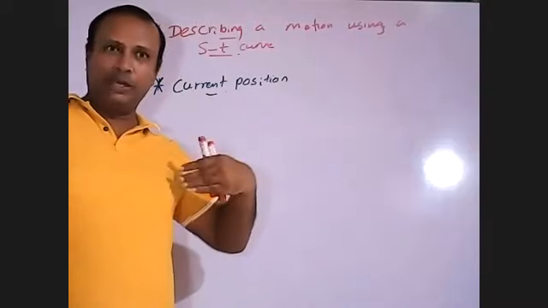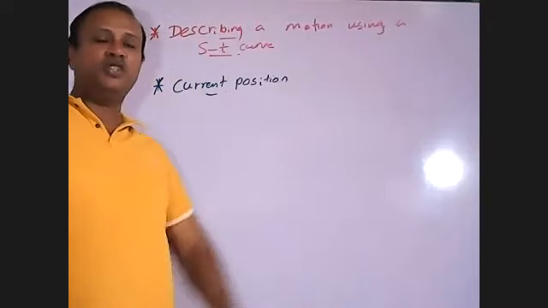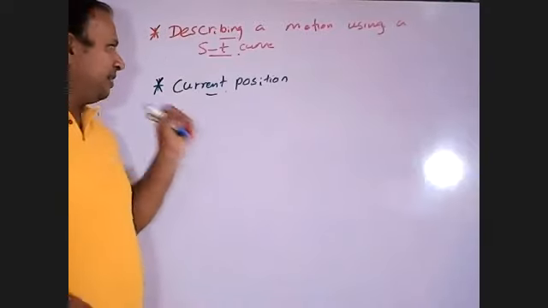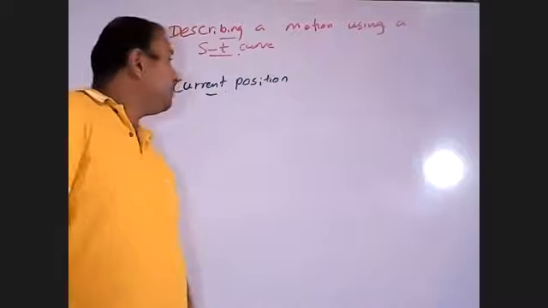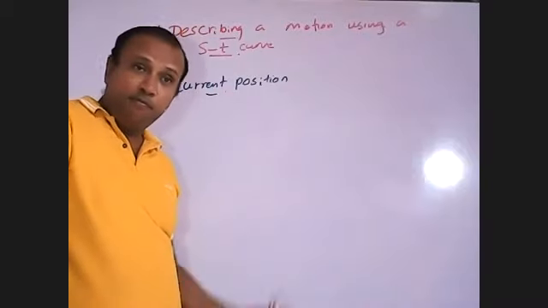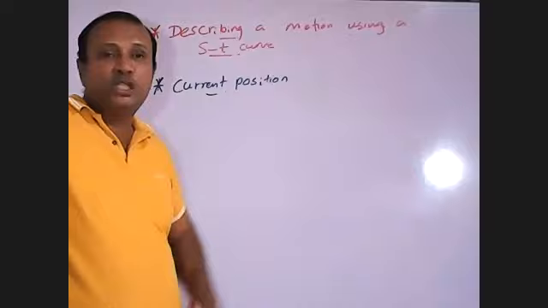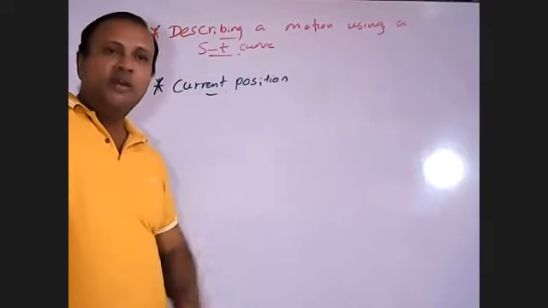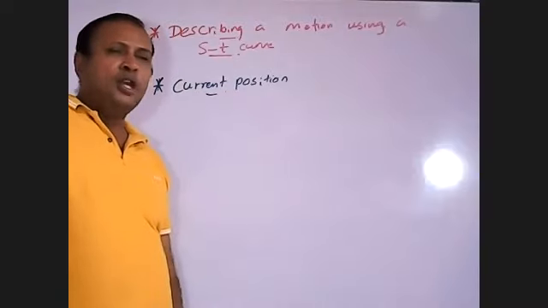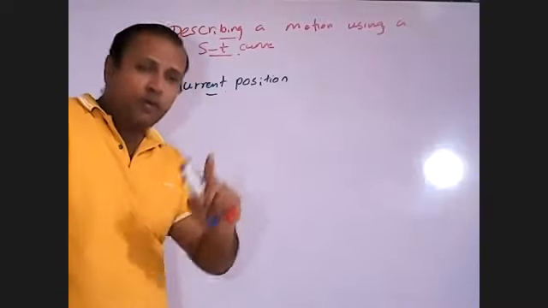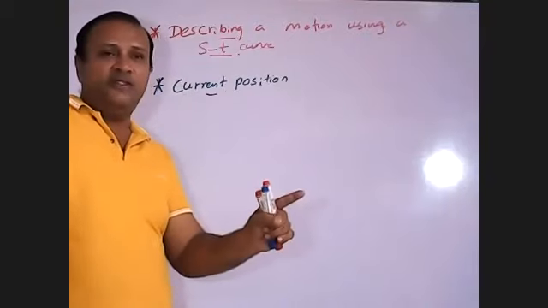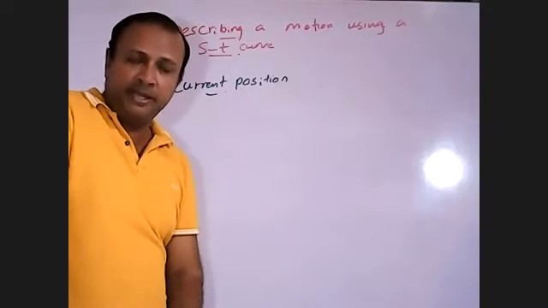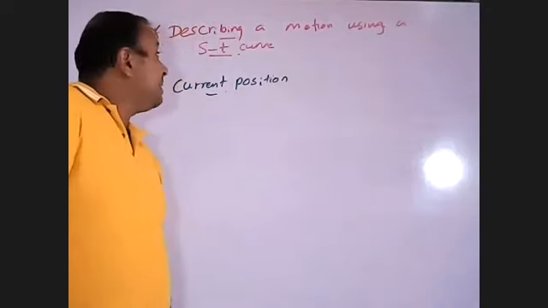If it is negative, my current position is on the negative side. Therefore, the factor that decides the current position is the positiveness or negativeness of displacement, plus or minus of displacement. And how do we identify the plus or minus of displacement by an ST curve?